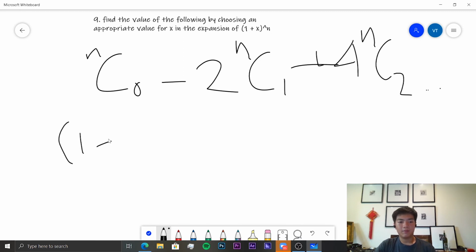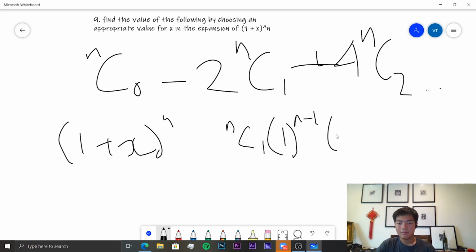So if we're looking at 1 plus x to the n again, well, we know the first term is that, so let's skip to the second term. The second term would be n choose 1 times 1 to the n minus 1 times x to the 1. So what would this be? Well, it's negative 2.